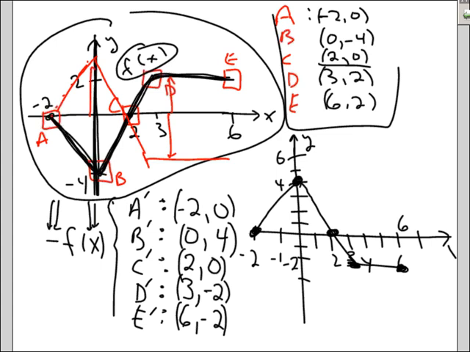Instead of going down 4, I go up 4. It's just a reflection across the x-axis. That is what happens when you put a minus sign in front.